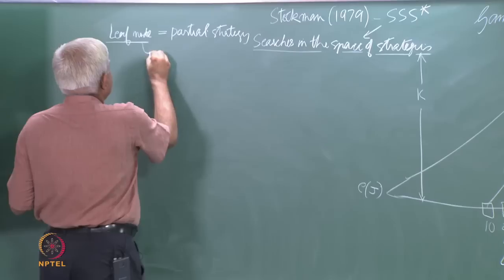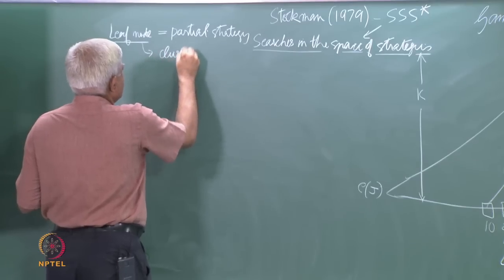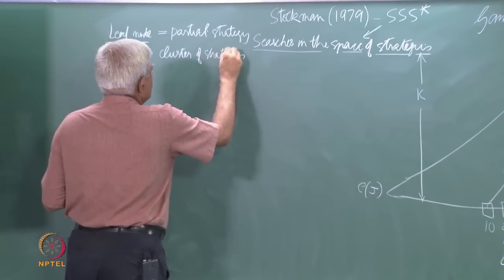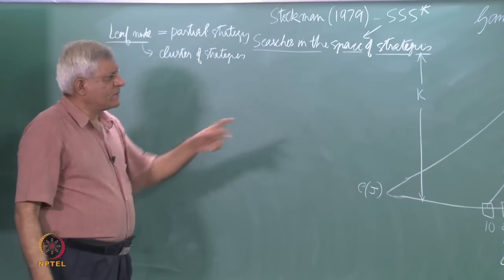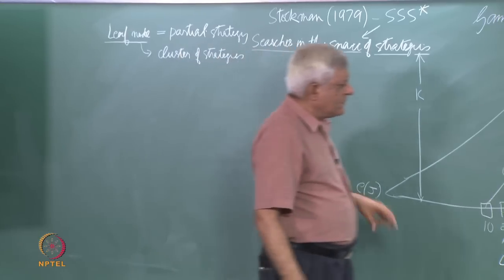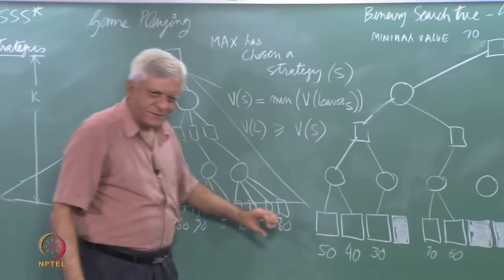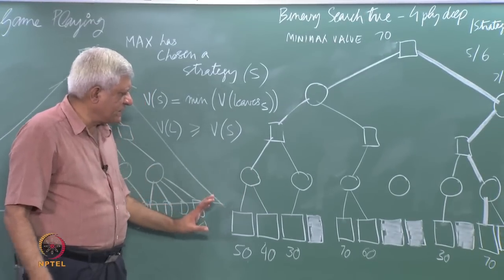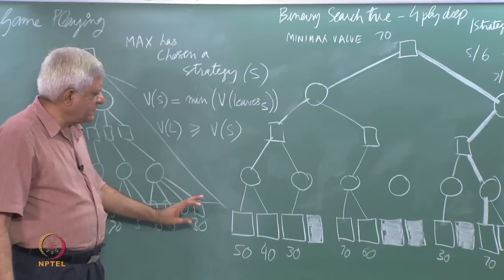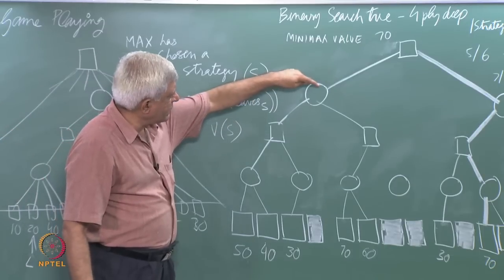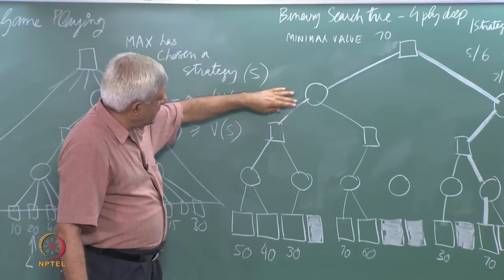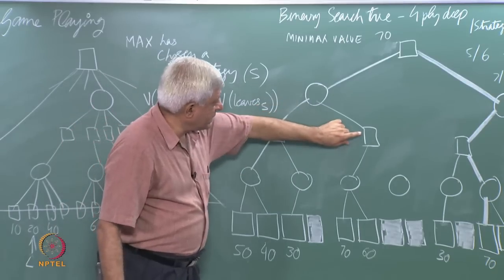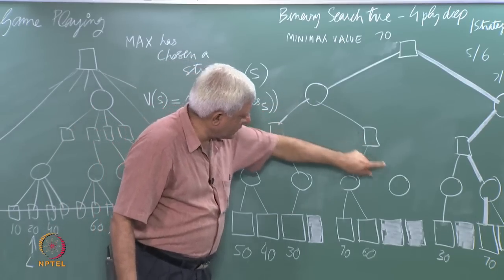A leaf node also represents a cluster of strategies, which is what we were discussing a moment ago, that if I were to choose this node 50, the leftmost node, then it represents a cluster of 2 strategies, and the 2 strategies are the one where max makes the left choice at the top level, and if min were to make this choice, then max has decided the left choice, but if min were to make this choice, max could either choose this or it could choose that.